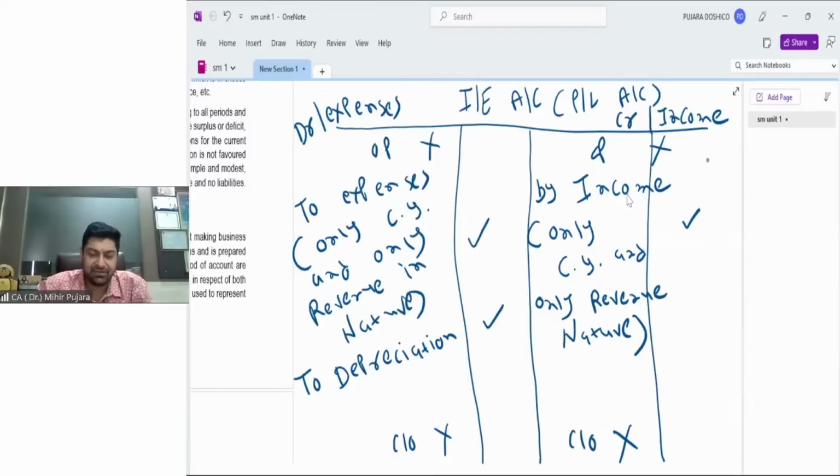And depreciation is also part of here. Non-cash expenditure is part of here.